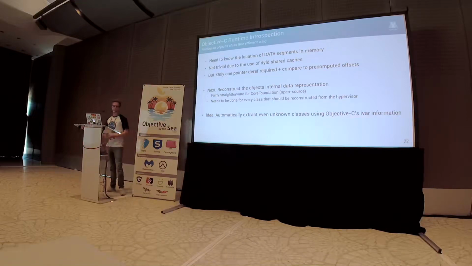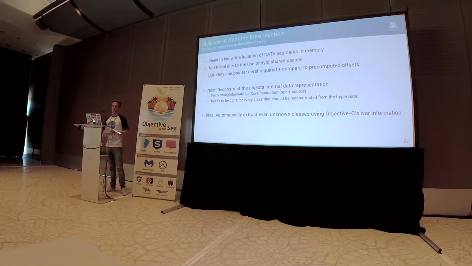And yeah, the next step is, now that we know what class this object is of, we still need to get the actual value, we need to get the string. So for every class that we want to be able to extract from the hypervisor, we need to implement some mechanism to get the value. This means that we have to reverse engineer the internal data layout of these classes for all the Core Foundation classes.